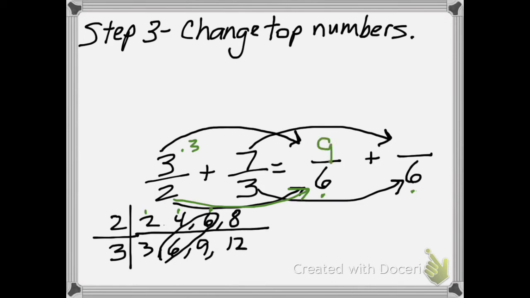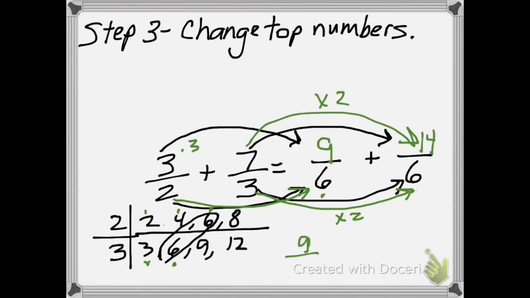This 3 we multiplied by 1, 2 to get 6. So 3 times 2 means we have to multiply the 7 by 2, which gives us 14. So our new problem is 9/6 plus 14/6.